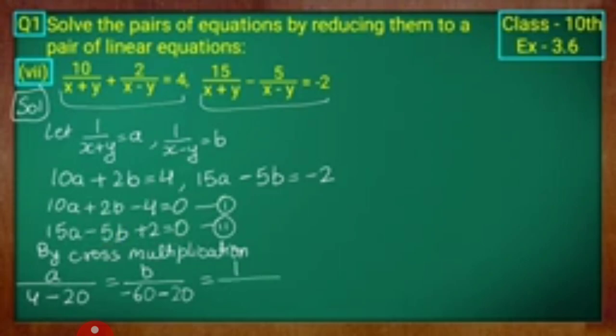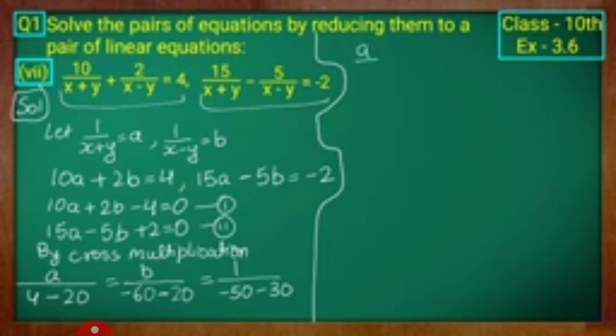For the constant term, 1 upon: 10 into minus 5 is minus 50, and minus 15 into 2, that is 30. I am trying the cross multiplication method over here; you can apply any algebraic method as per your convenience.